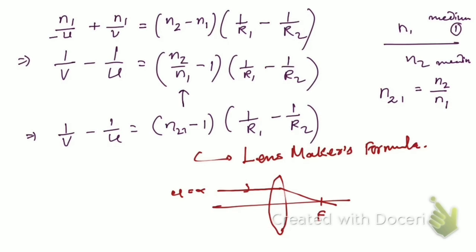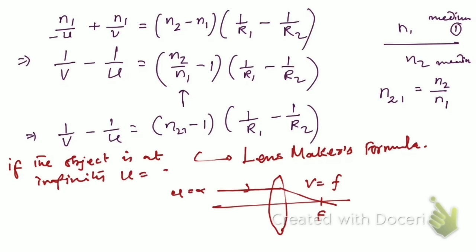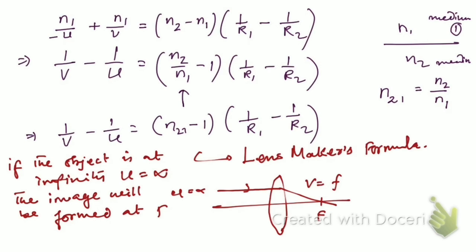That means the image distance will be equal to the focal length f. So if the object is at infinity, that means u is infinity, and the image will be formed at focus f.